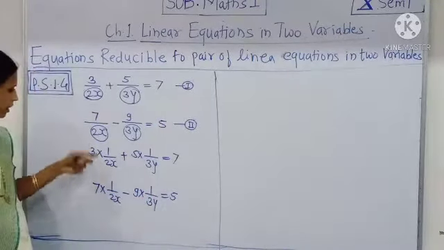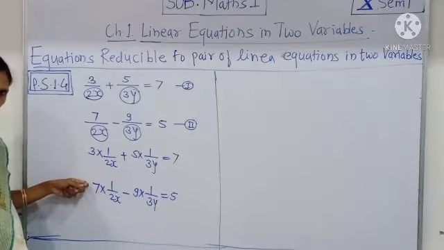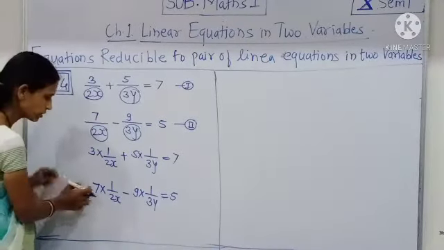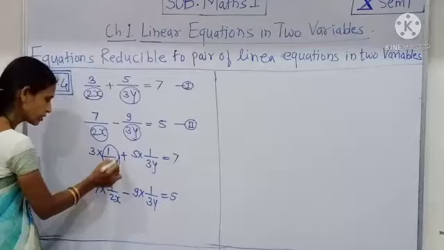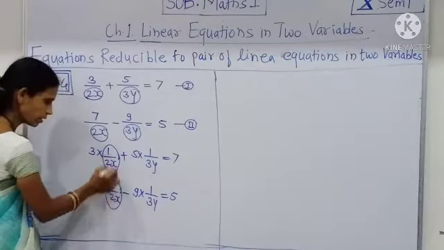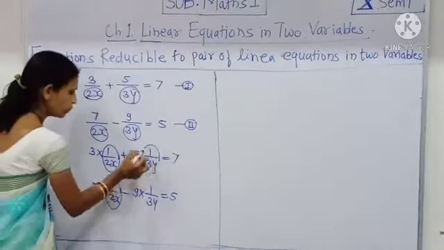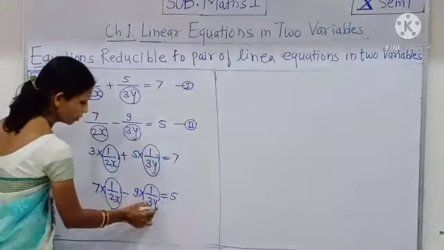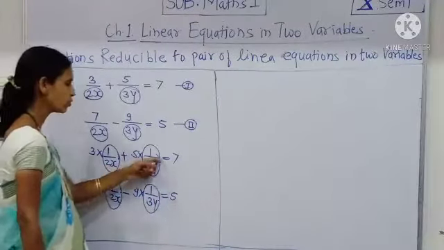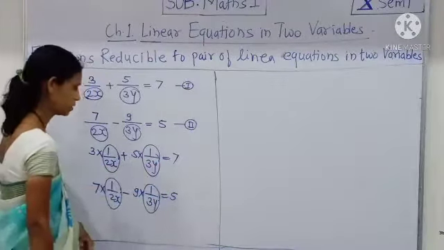In these two equations, 1 upon 2x is common, and 1 upon 3y is also common in both equations.